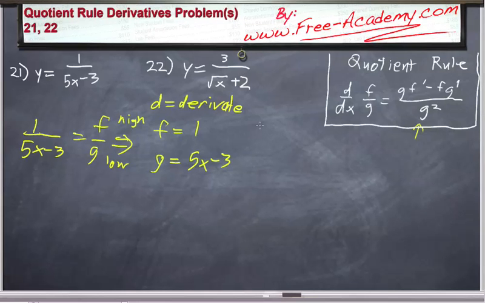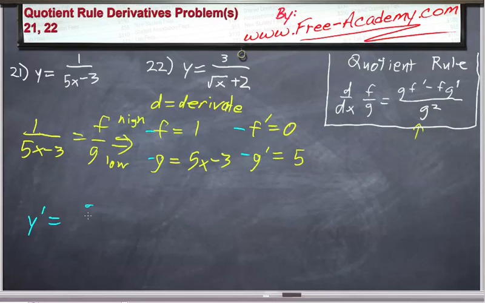We have f is equal to 1, so f prime is going to be equal to 0 because the derivative of a constant is always equal to 0. We have g is equal to 5x to the minus 3, so g prime will be equal to negative 15x to the minus 4, and this is just using our power rule. So with f prime and g prime, let's put everything into its appropriate place.